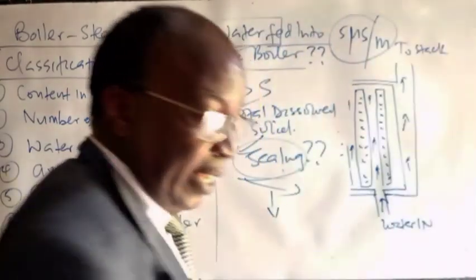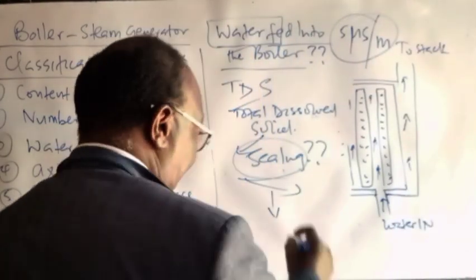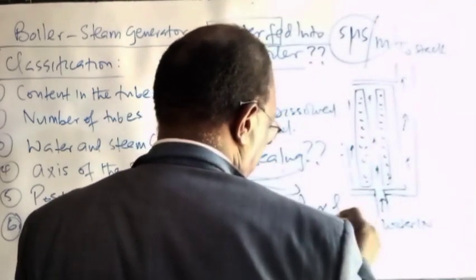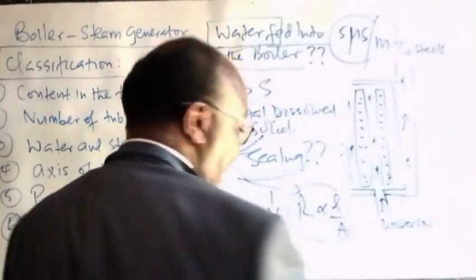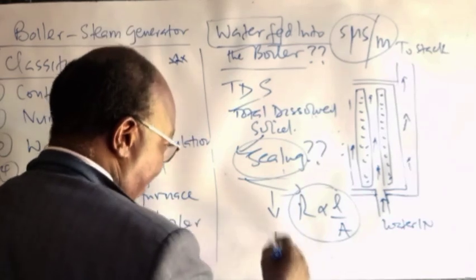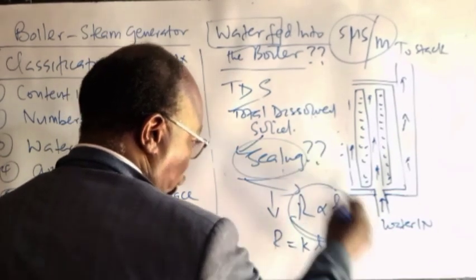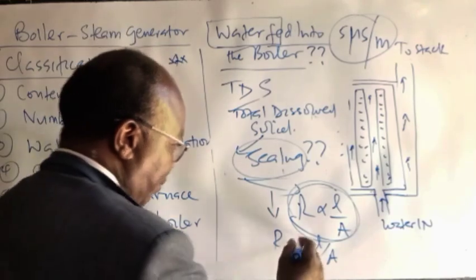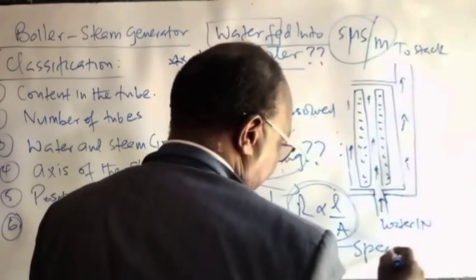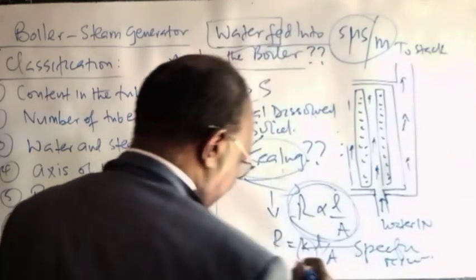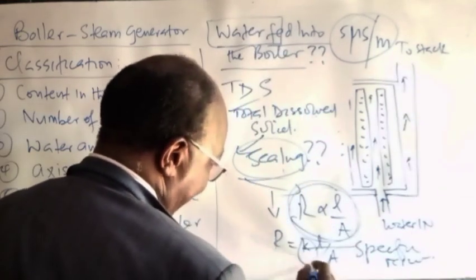Remember conductivity, just to remind you: the resistance of a system is proportional to the length and inversely proportional to the area. And so when you have R, that is K L over A, because they are proportional in that manner, that K is the specific resistance. Let's call it pi.